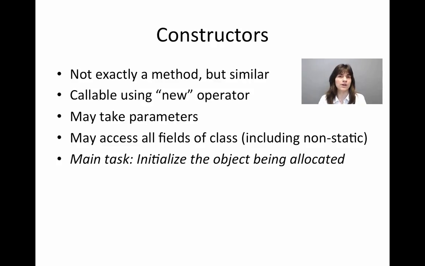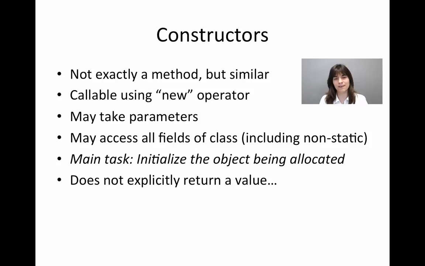Why do we have constructors? Why do we bother with this special kind of method? The job of a constructor is to initialize the object that is being created. When we say new and then the constructor, at that point we are creating a new object, we are calling the constructor, so the constructor is initializing the object for us.